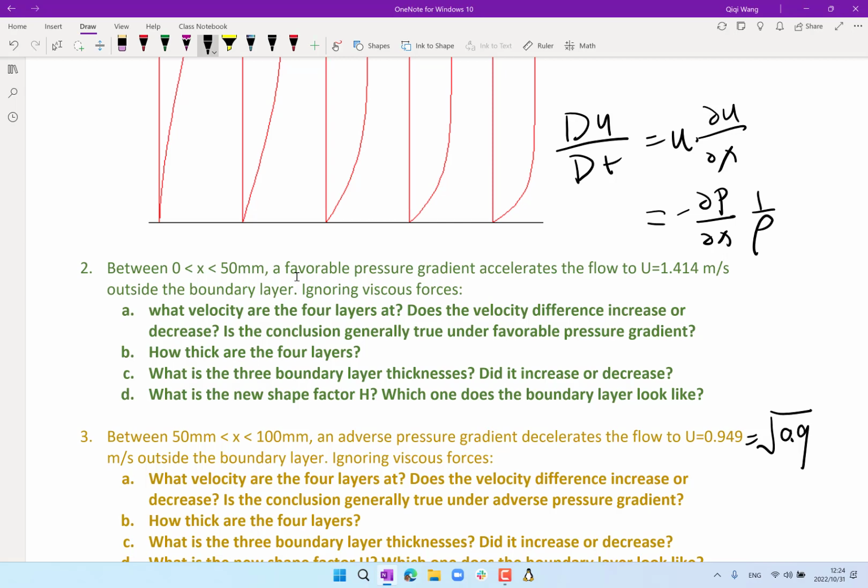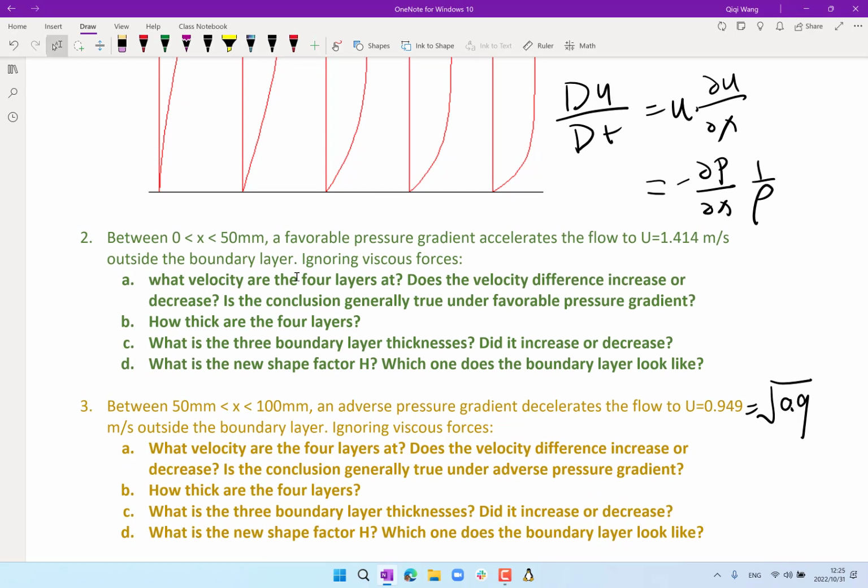So the velocity nearest to the wall gets the most significant effect, as you have seen, and that is going to be the same for adverse or favorable pressure gradient. So what you're going to see if you worked out number 3 is that the velocity close to the wall almost gets decelerated to 0.